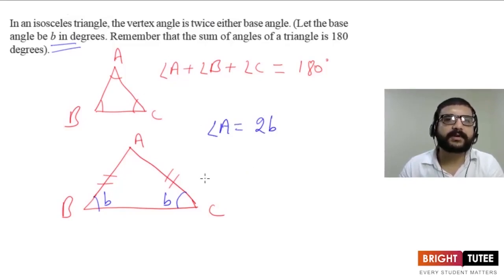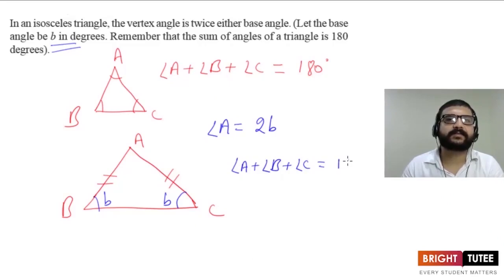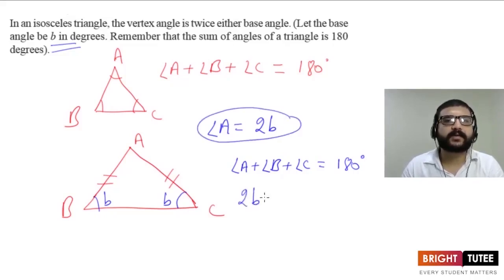Now we have one more equation, that is angle A plus angle B plus angle C is equal to 180 degrees. Now what is angle A? It is 2B as we have seen here. So this becomes 2B plus angle B, which is B, plus angle C, which is again B, and this is equal to 180.